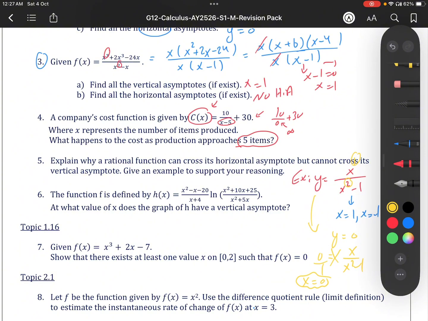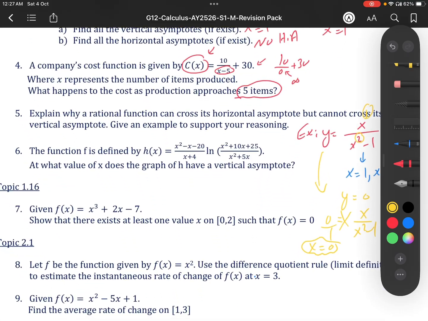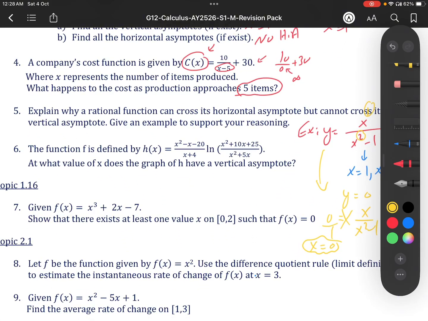Number 6. At what values of x does the graph of h have vertical asymptote? Let me simplify h of x.